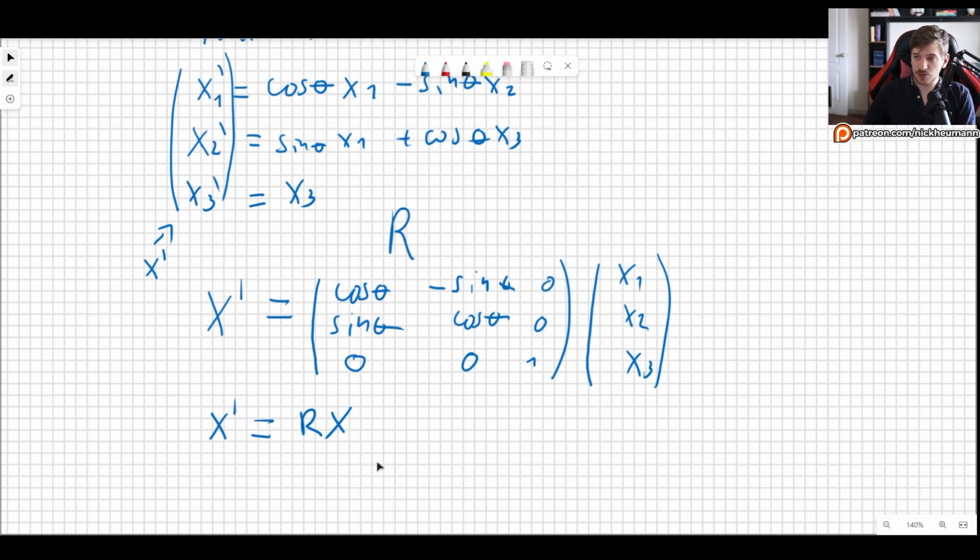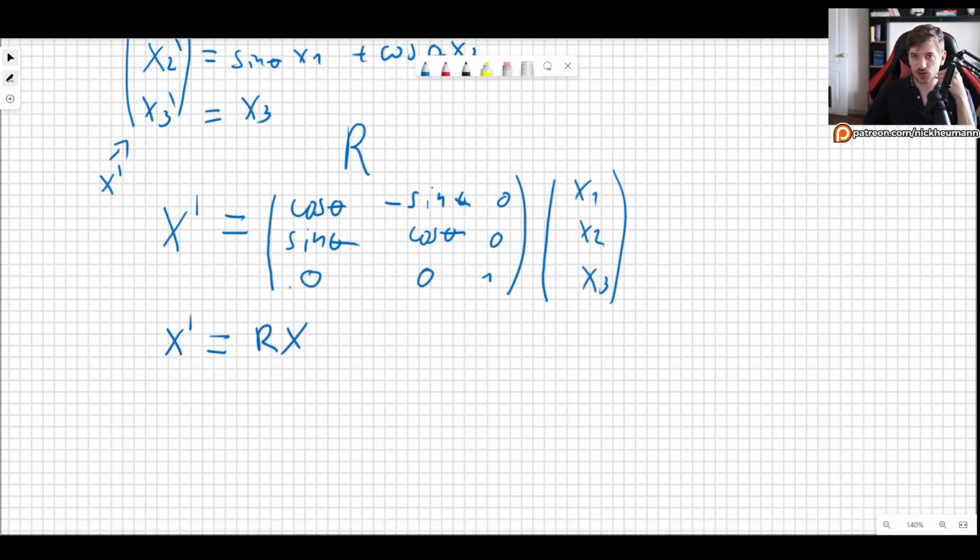Another important thing to note about these matrices, this rotation matrix for example, is that if you take its transpose and multiply it by the original matrix, you get 1. We can easily check this.